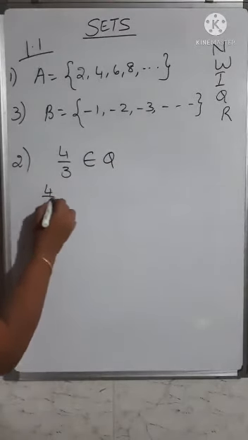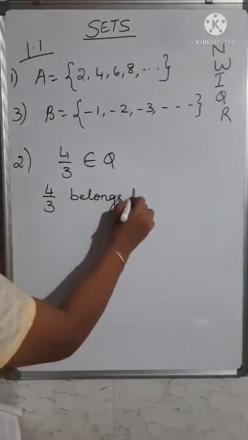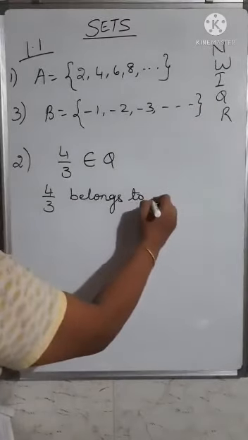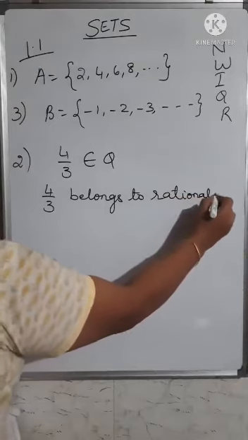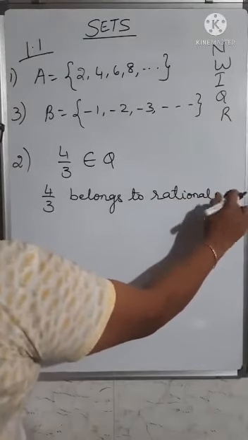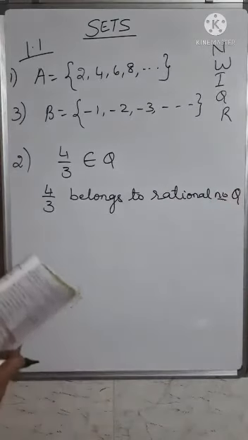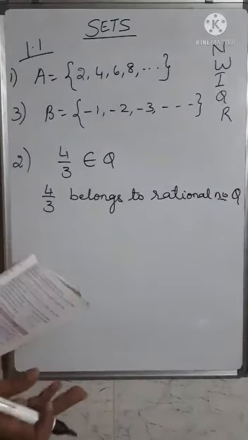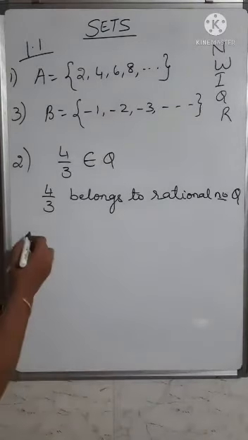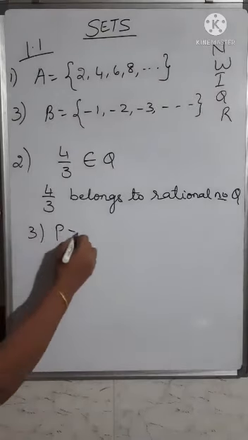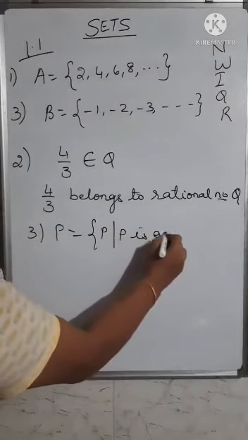You have to write 4/3 belongs to Q, you are representing it as a rational number, so 4/3 belongs to the rational numbers Q. Then the second one, does not belong to, so you have to write -2 does not belong to N. Then the last, third one, they have told P is equal to P such that P is an odd number.